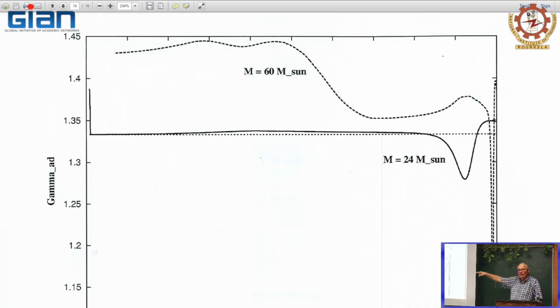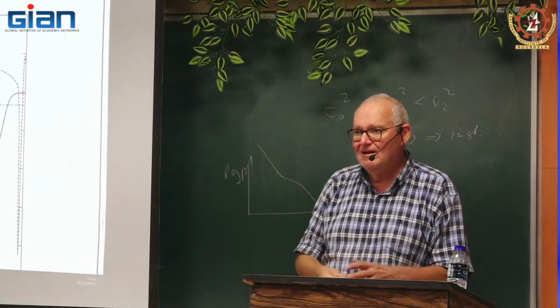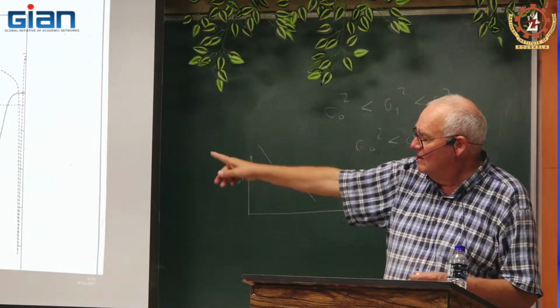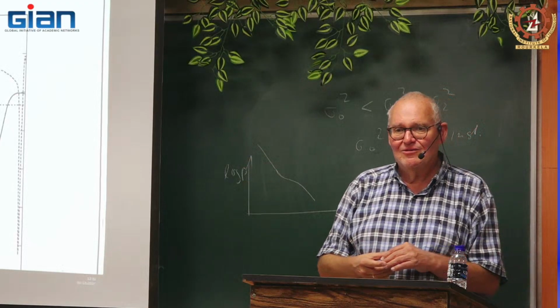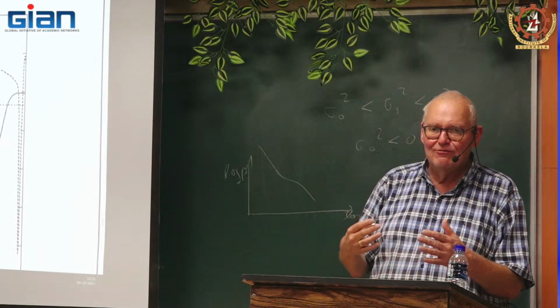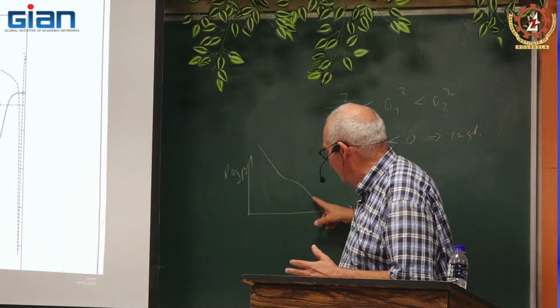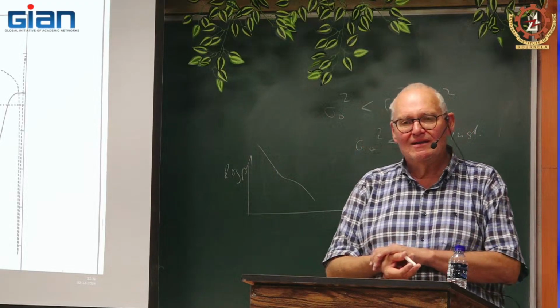This means the slope of log p against log rho becomes flatter, and this is how it looks once gamma falls below 4/3. What might be the reason? The pressure does not increase as fast as before and after this density domain.